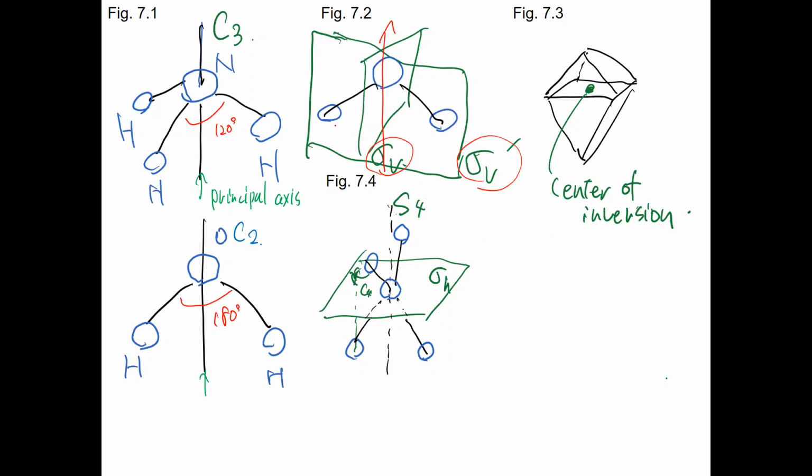So they are the sigma V. Here I don't show you the sigma H, but in the case of sigma H, the mirror must be perpendicular to the principal axis.